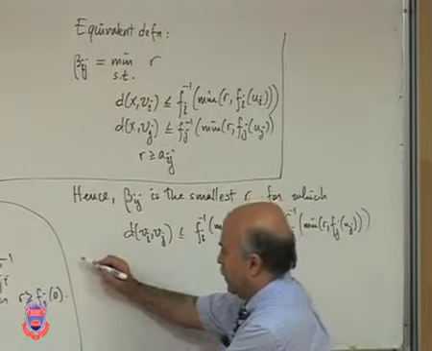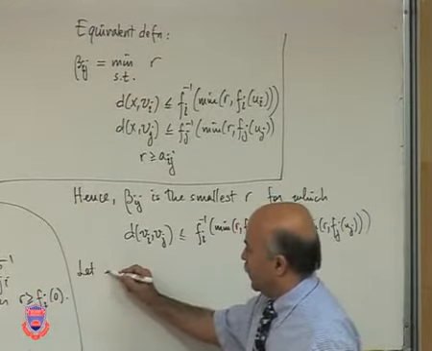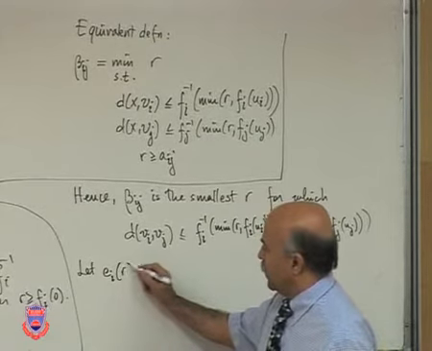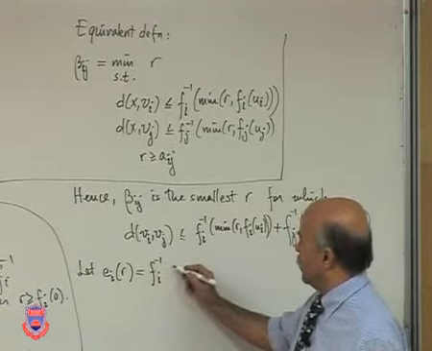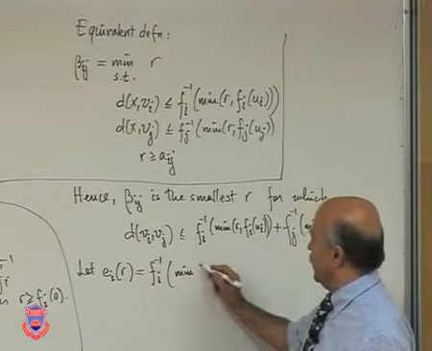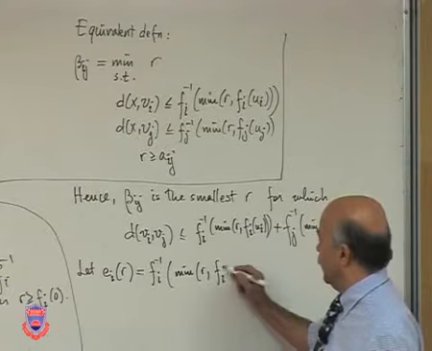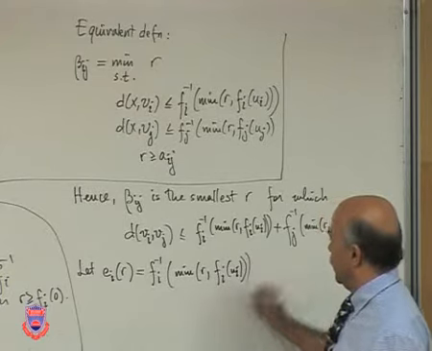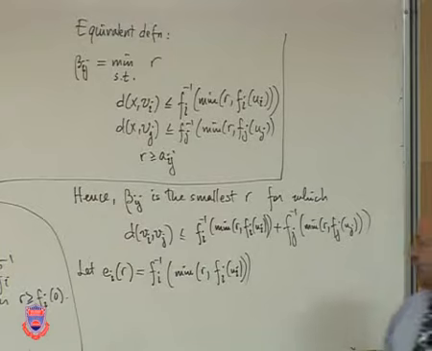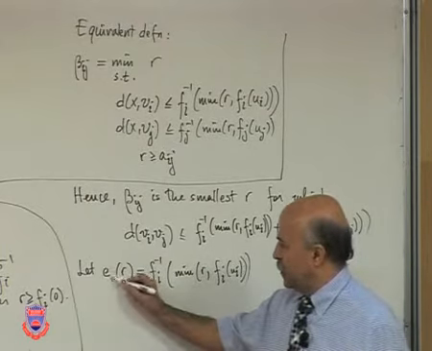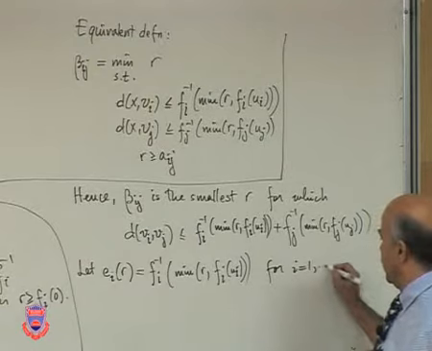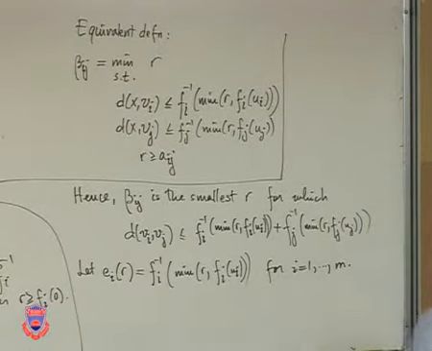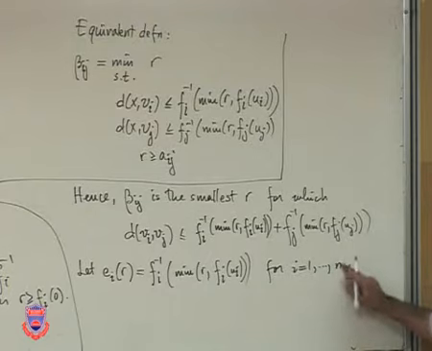So let's define Ei of R to be Fi inverse of minimum of R and Fi ui. That definition applies to every index, including j.